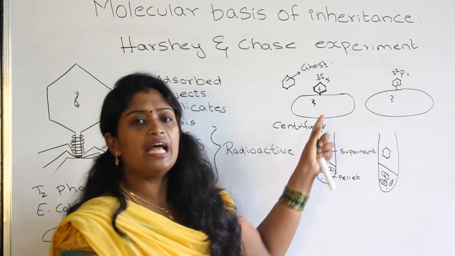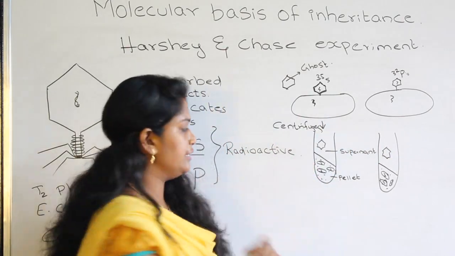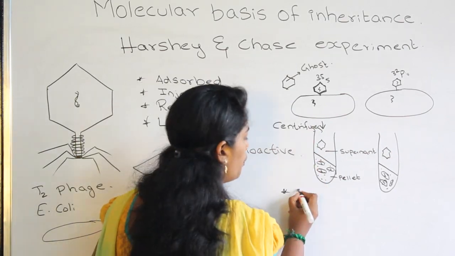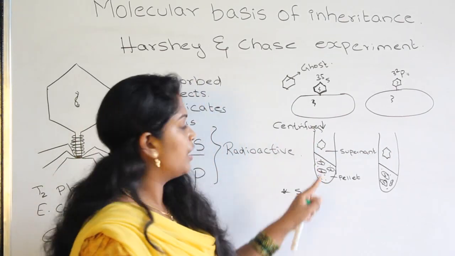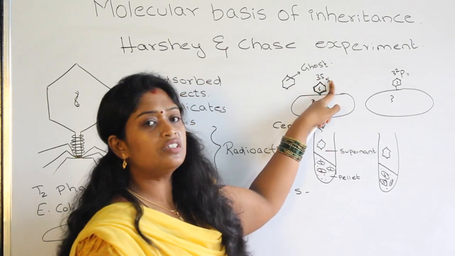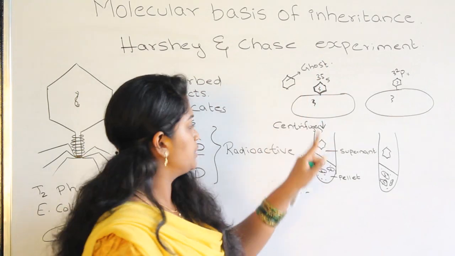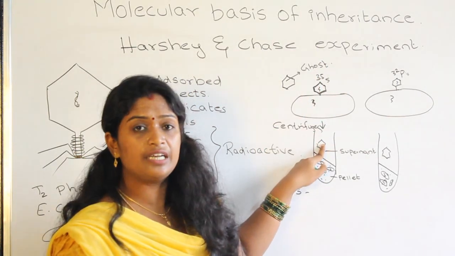Now the pellet and the supernatant are analyzed. In the first case, when the supernatant is analyzed, we find the sulfur 35, that is, the protein capsid contains the radioactive substance.